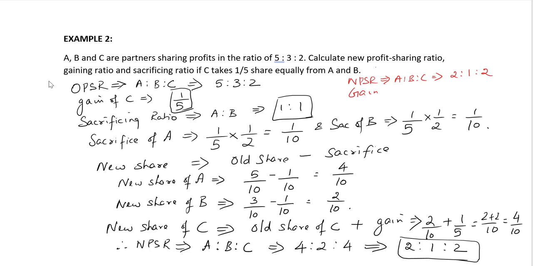Gain of C is equal to 1/5, and sacrifice ratio between A and B is equal to 1:1. Let's go to the third example.